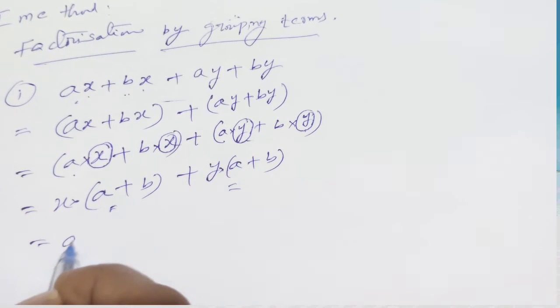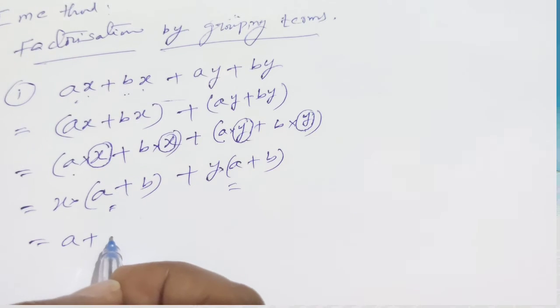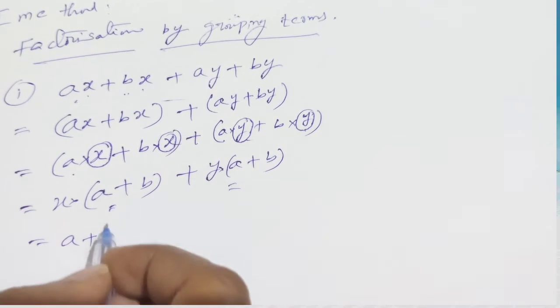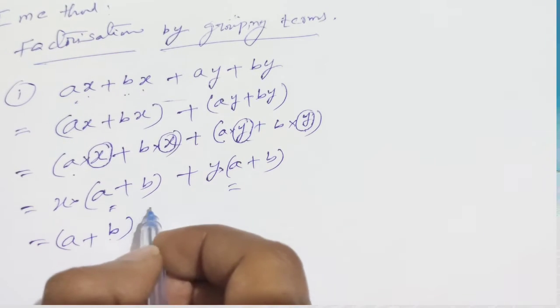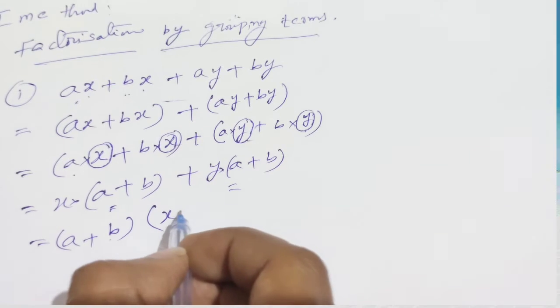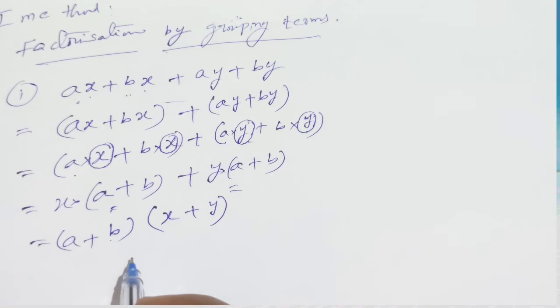Okay, that is, from these we have to take common factors from each group. So what is that common factor? A plus b, isn't it? So a plus b into x plus y.